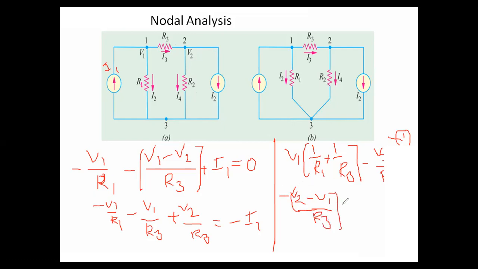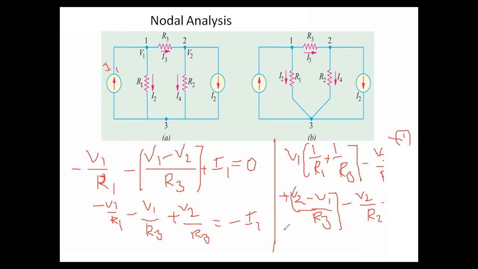That is the incoming current. Otherwise you can take positive anyway, no problem. So outgoing currents are negative. So minus V2 by R2, and this is the minus of I2, and that is equal to 0.